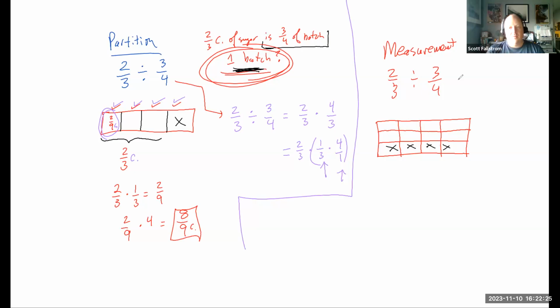Okay. But what that did is it changed the 2/3. The 2/3 now, if you think about it, looks like 1, 2, 3, 4, 5, 6, 7, 8/12, because that's really what it represents, 8/12. And I'm divvying it up amongst 3/4. 3/4 would be 9/12. So again, I need you to think you're trying to fill up a shape that has 9 little pieces.